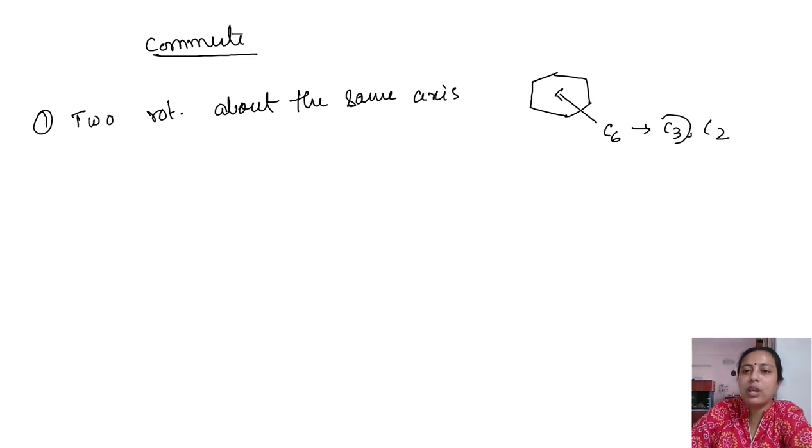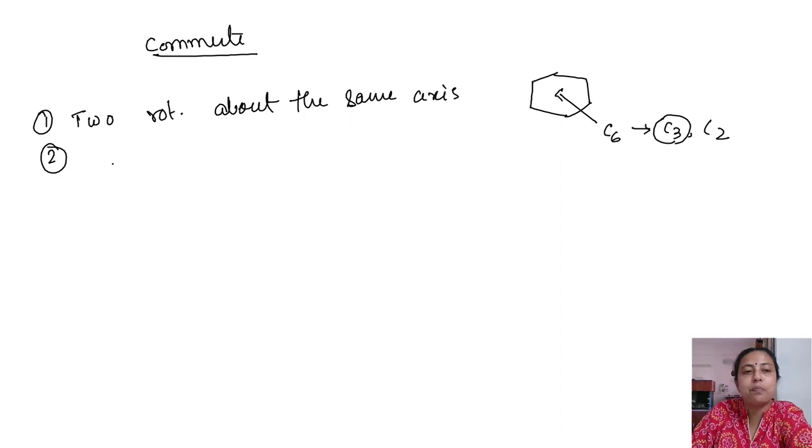So C3 and C6 are going to commute with each other, whether you do the C3 operation first and then the C6 operation, or you do the C2 operation and the C6 operation and then the reverse. The C6 operation and the C2 operation are not going to alter your structure. You are going to get the same structure.